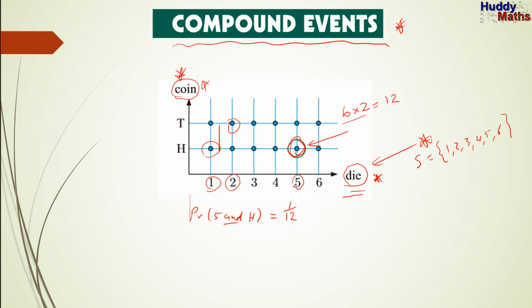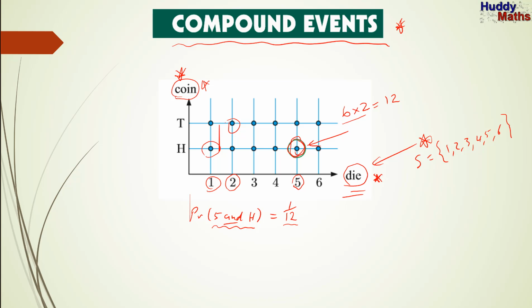So our compound event, the event we're looking for, is a 5 and a head, and its probability is 1 out of 12. I wonder if we can work out an easier way of working that probability out without actually listing the sample space and counting up how many outcomes in that sample space constitute our event. Here it was only 1.